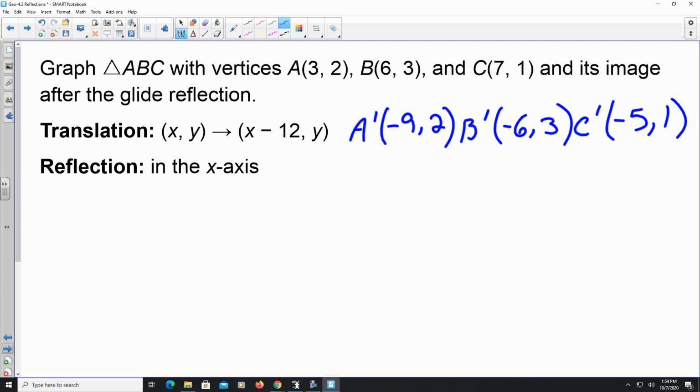All right. Now we have a reflection, and they're reflecting over the x-axis. So the new name for these is going to be A double prime, B double prime, and C double prime, just because now we're making a second change.